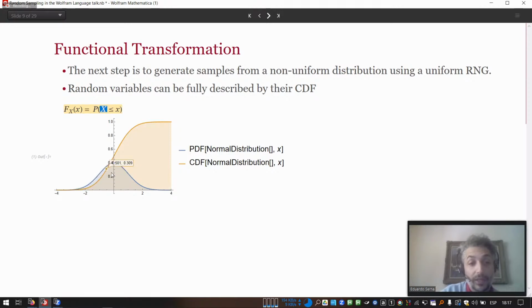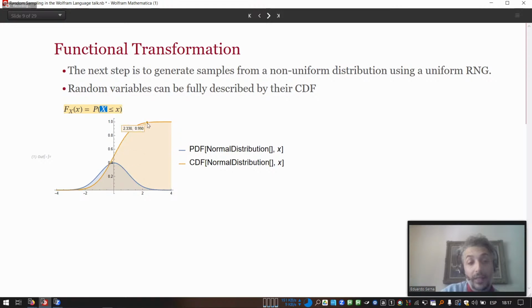And here I show the PDF again of the Gaussian that I showed earlier, where the probability is all close to the center. The CDF, sorry, is a function that interpolates between 0 and 1 from -infinity to infinity, and it counts how much probability has accumulated as you go to the right.